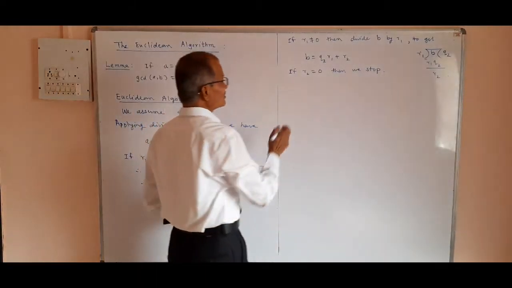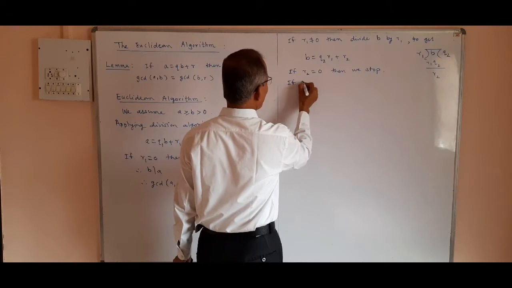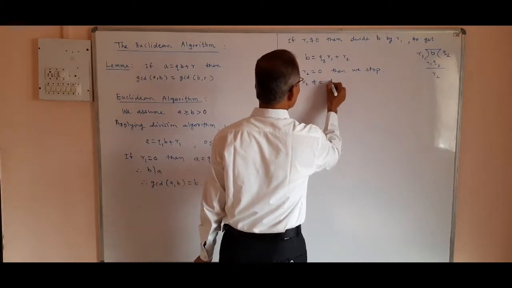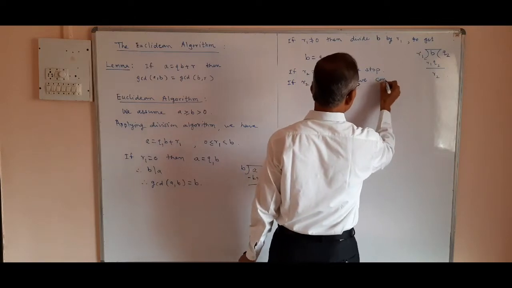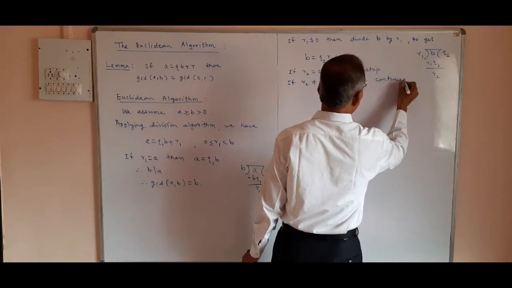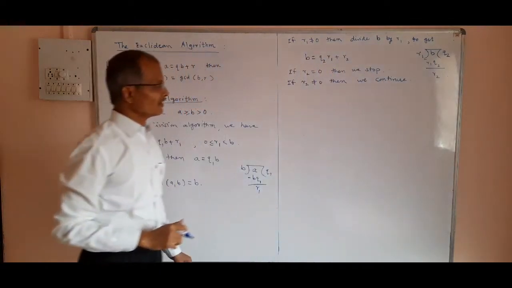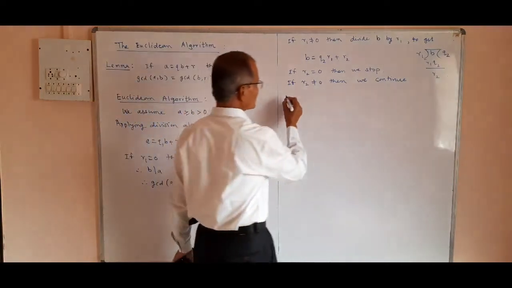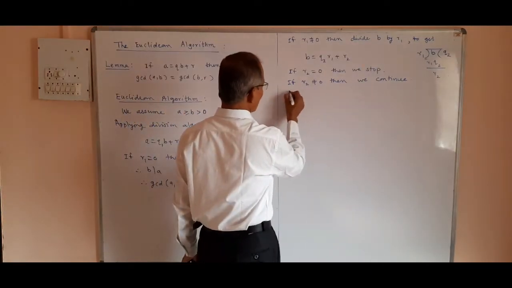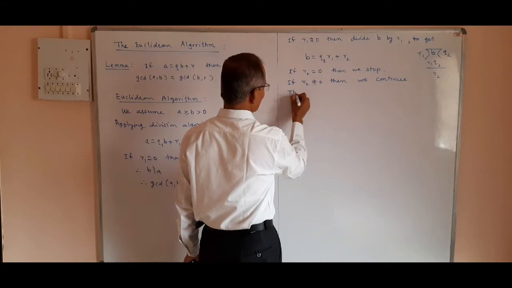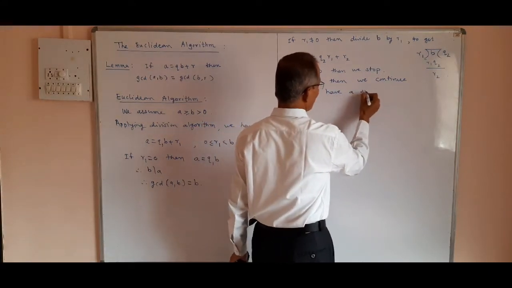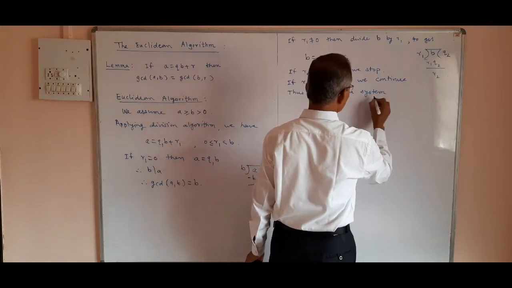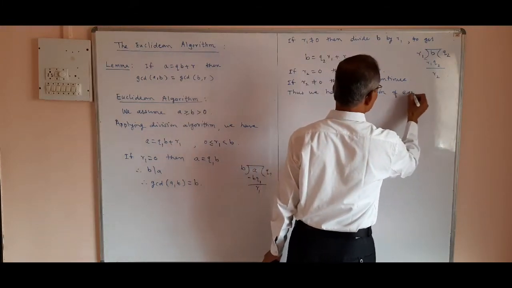But if r2 is not 0, then we continue, and thus we will have a system of equations by repeating this division process.